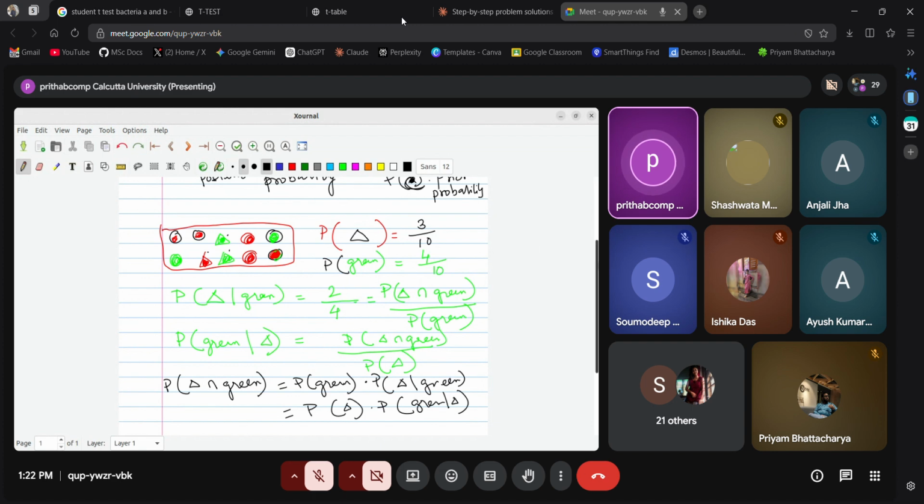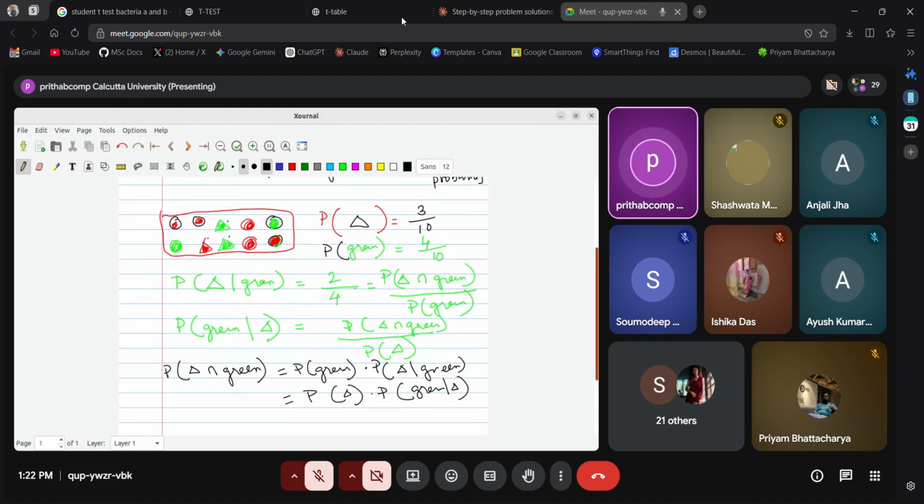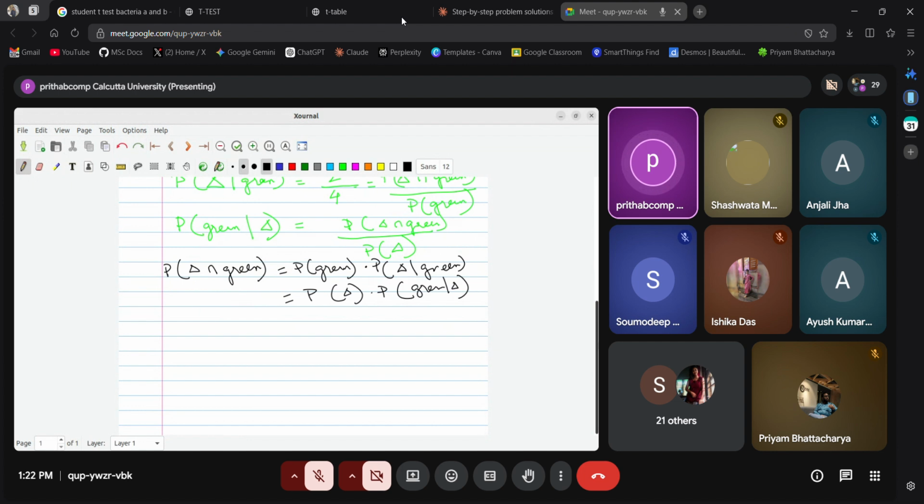And if you notice properly, this is what actually comes down to Bayes theorem. So probability of green into probability of triangle given green is equal to probability of triangle into probability of green given triangle.